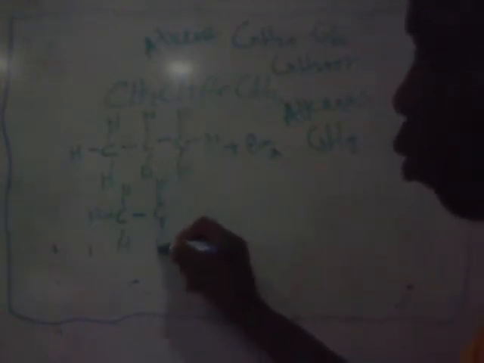I'm starting from the left with CH3. The second carbon atom has a bond to hydrogen; the hydrogen down will be replaced by bromine. Then the third carbon atom has three hydrogens.